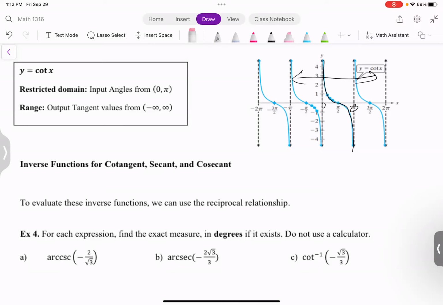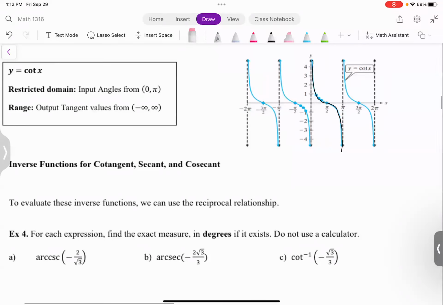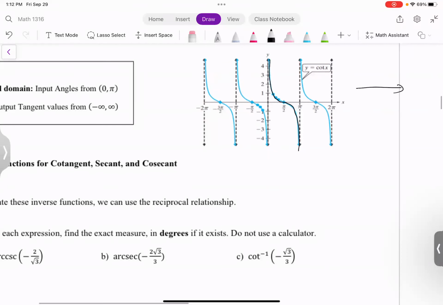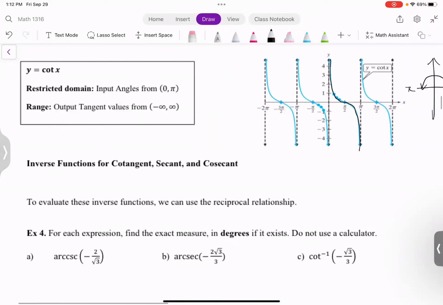I can find its inverse function. So remember that for the cotangent, if it has the inverse function, it is from 0 to pi on the unit circle, in these two quadrants.